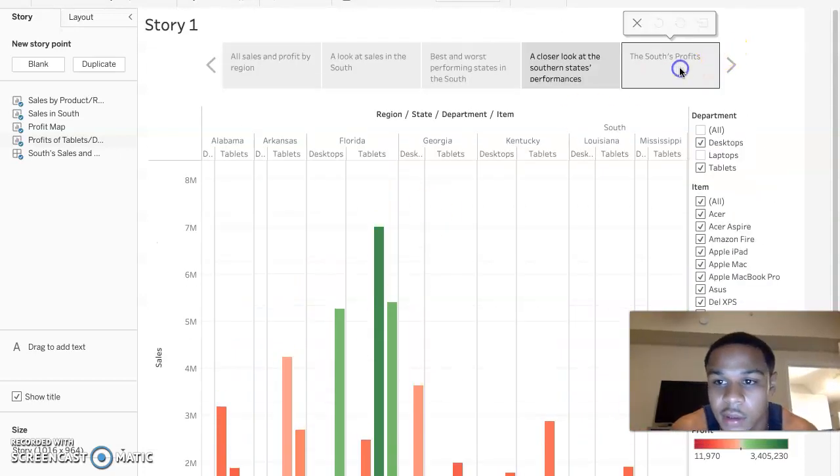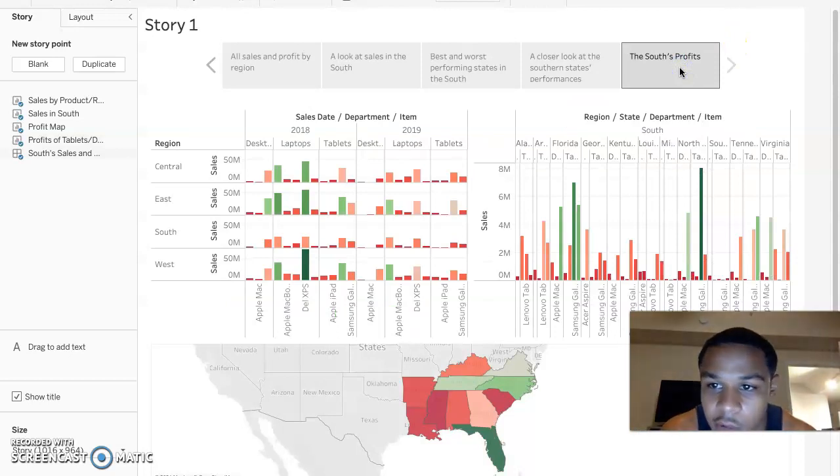And then finally, our dashboard, which shows the South's profits and how their poor performing desktop and laptop sales corresponded with the states' overall profits being low.